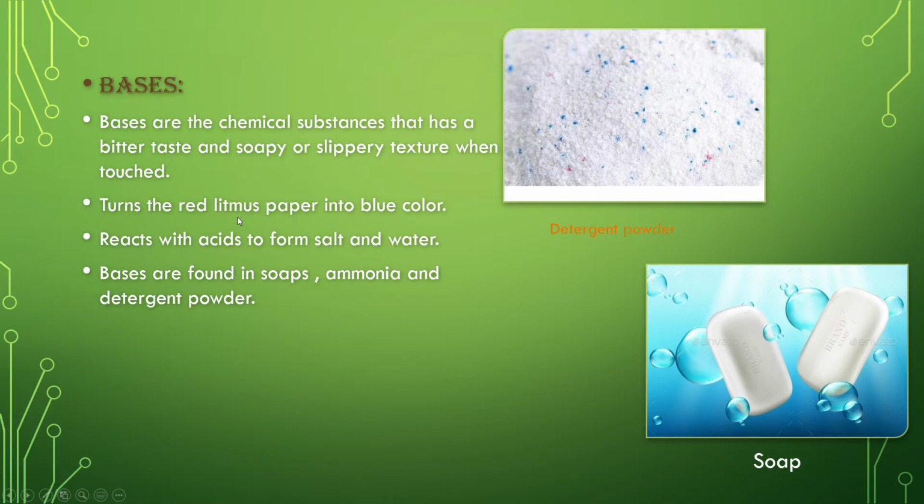If we put red litmus paper into this detergent powder solution, it turns blue. That proves that a base is present here. And bases always react with acids to form salt and water. Bases are found in soaps, ammonia, and detergent powder.